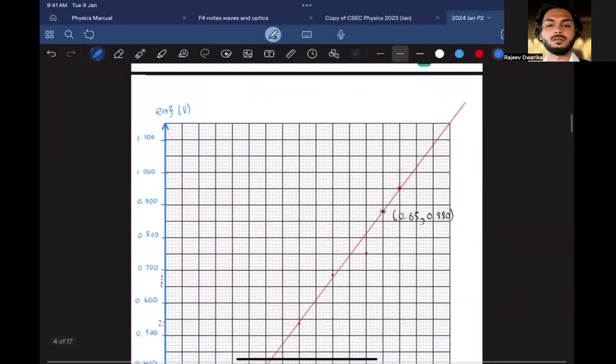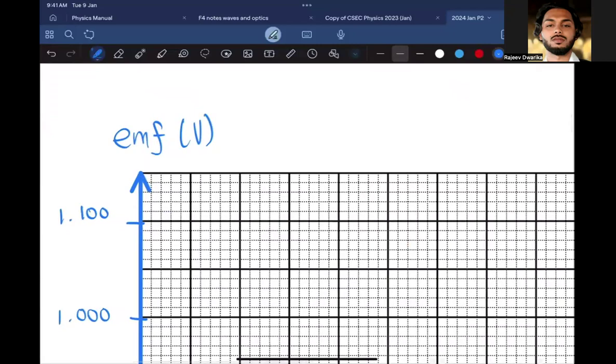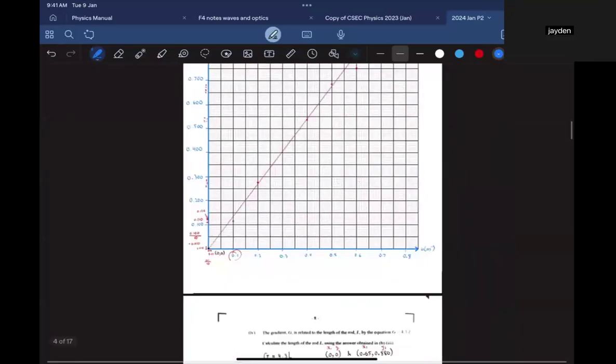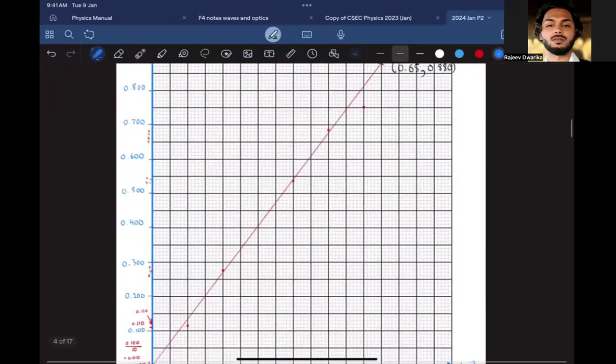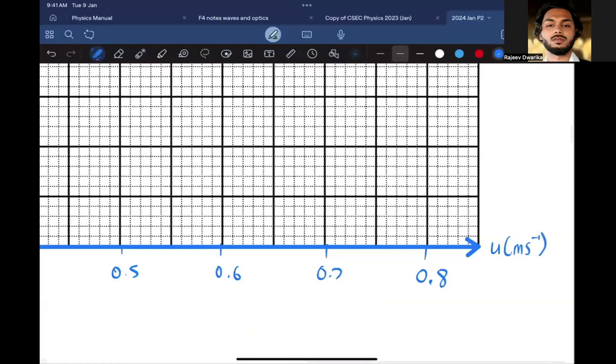So on the y-axis, what was the unit? What do we measure EMF in? Voltage. Right. So Volt. We're going to put a little V over here. And on the x-axis, what was the unit?